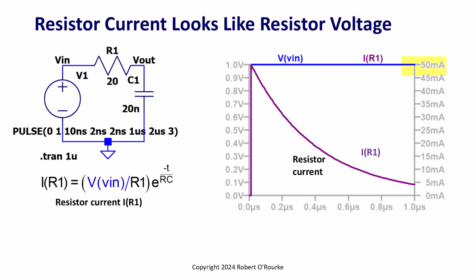The loop current depends upon the difference between V sub in and V sub out. The quantity V sub in minus V sub out gets smaller over time. The loop current fills the capacitor with charge, increasing the voltage V sub out.